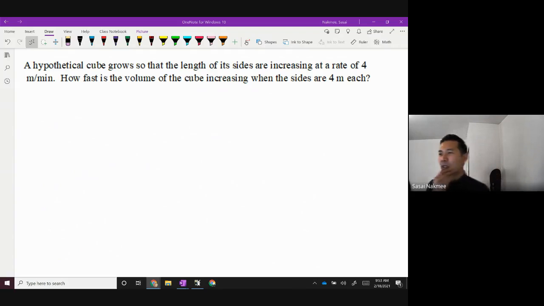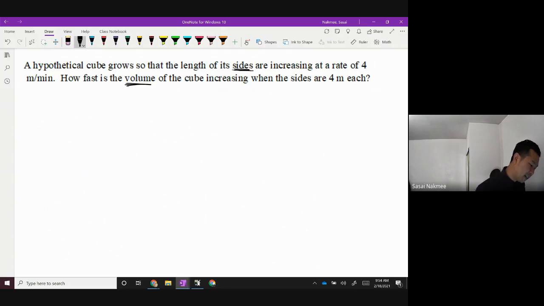I want to see you guys draw. Let's start off with just drawing the picture for me. Can you guys draw a picture of what it is that we're talking about? Because that is step one. And then if you feel comfortable with that, can you give me an equation that relates the volume with its sides?